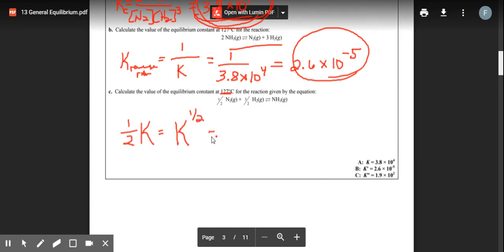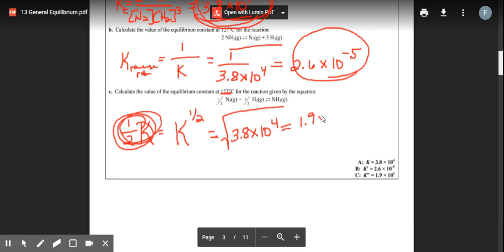Anytime I raise something to the 1/2 power, I'm essentially taking the square root. So 3.8 times 10 to the fourth, I take the square root of that value, and that's equal to my new K, and that value ends up being 1.9 times 10 to the second.